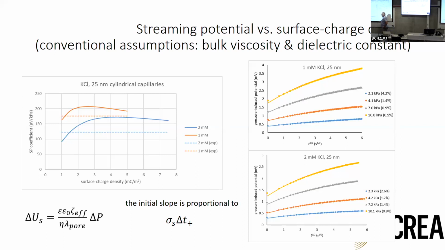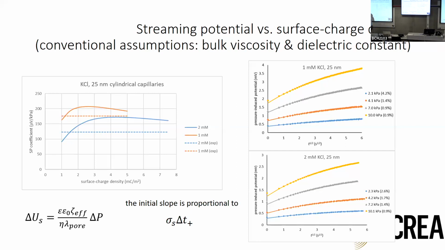And here on the left, I have shown some calculations of dependence of streaming potential coefficient on the surface charge density. And the dotted lines are experimental values for one of this series of measurements. So what we see, so we can find the surface charge density corresponding to experiment.